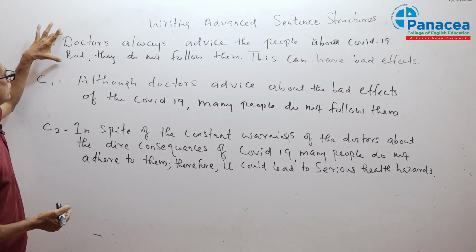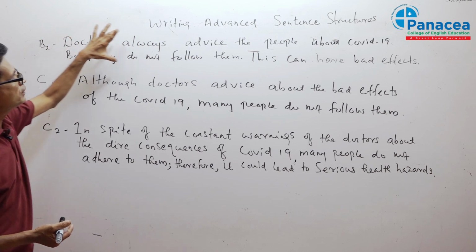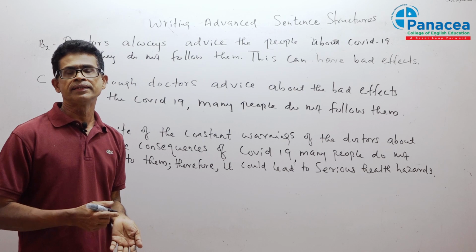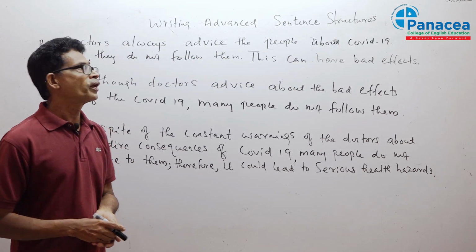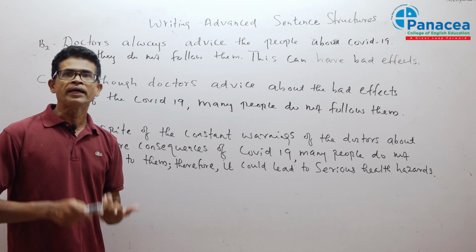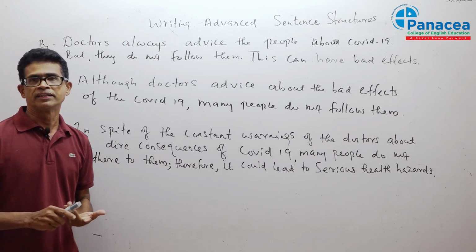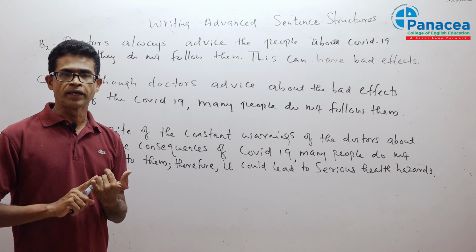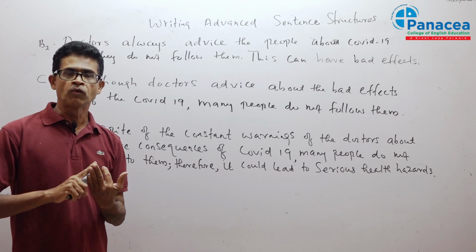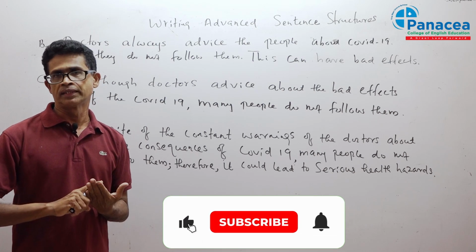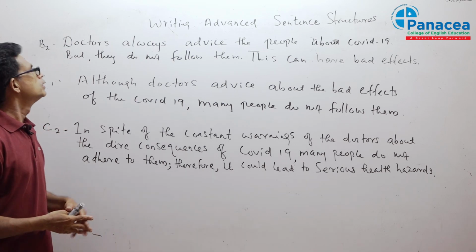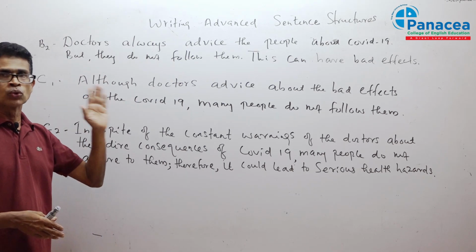Usually they can write simple sentences, but in the IELTS exam, you have to write advanced sentence structures. The criteria define that you should be able to write simple, complex, compound and compound-complex sentences, and you have to minimize the use of simple sentences.